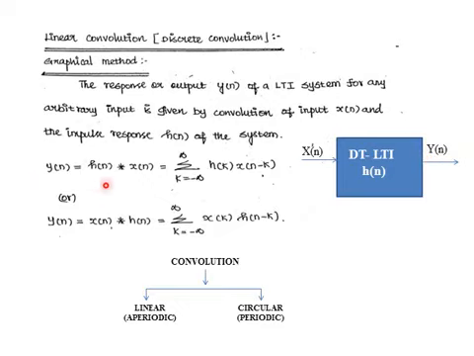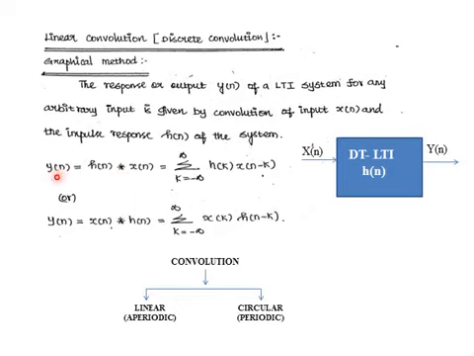Mathematically, it is represented as y of n is equal to h of n convoluted with x of n. Here, the star symbol represents the convolution operator. Now, we should not take this as multiplication. Here, it represents convolution operation.